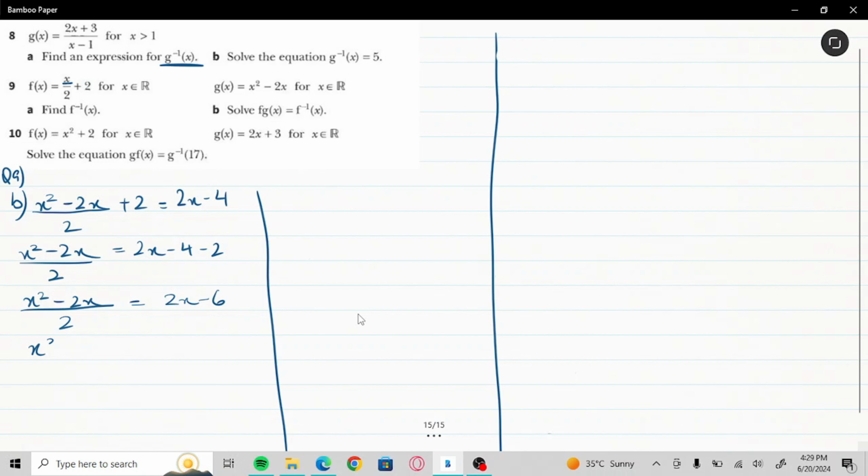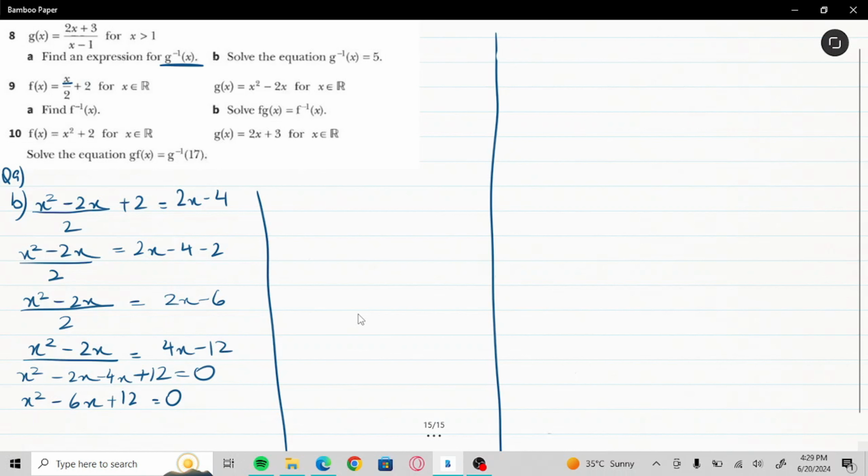And x squared minus 2x is equal to 4x minus 12. Okay. So simplify this again: x squared minus 2x minus 4x plus 12 is equal to 0. Simplify this: x squared minus 6x plus 12 is equal to 0.